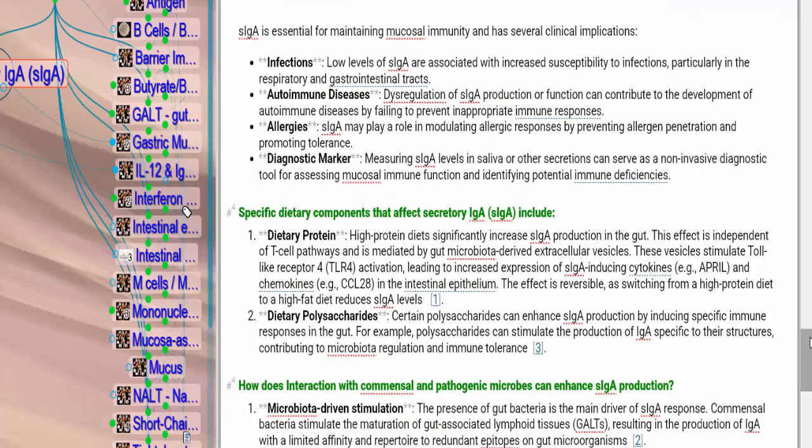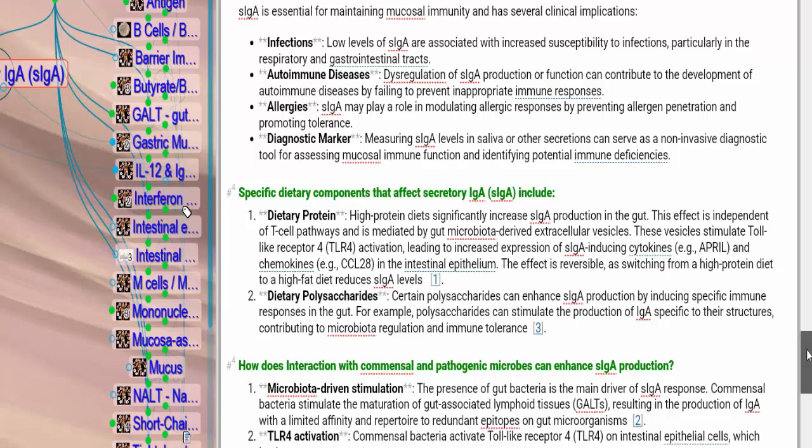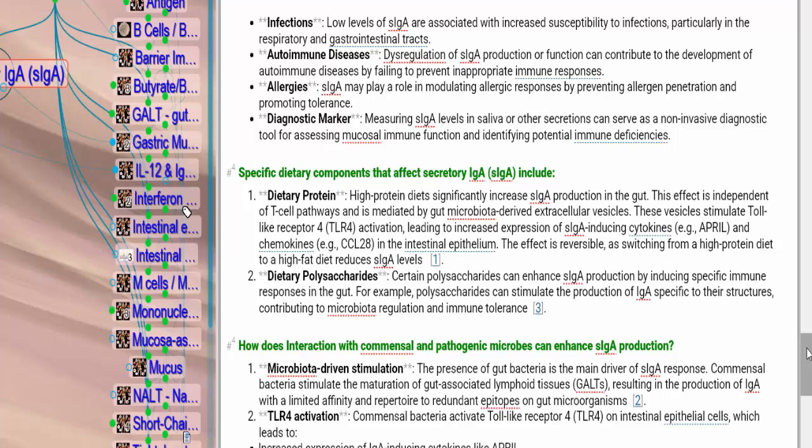So as far as dietary components that affect it, first of all, dietary protein. So high protein diets increase secretory IgA production in the gut. It also is good to include those dietary polysaccharides because they can enhance its production by inducing specific immune responses in the gut.